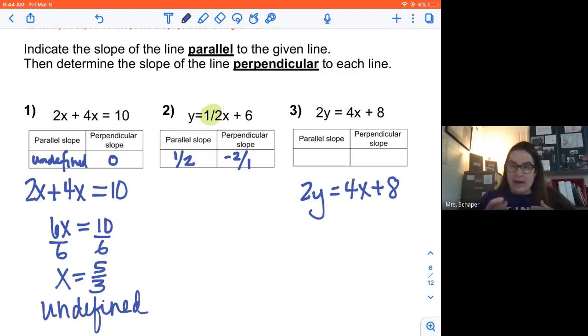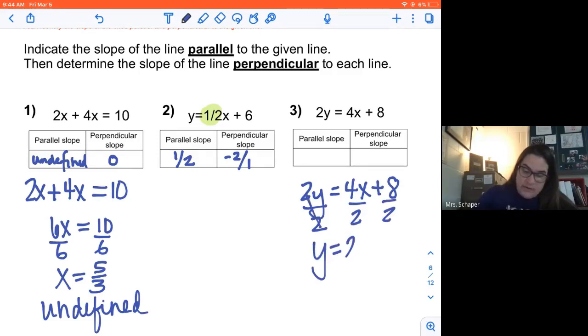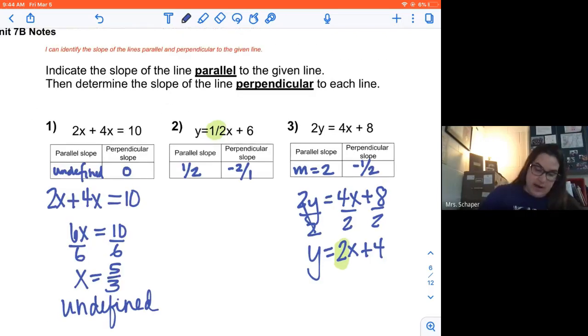We're going to get y by itself, so we're going to divide everything by 2. Y equals 2x plus 4. Right? So the parallel slope is 2. It's going to stay the same. The perpendicular slope is -1/2. Again, giving us some practice with that.